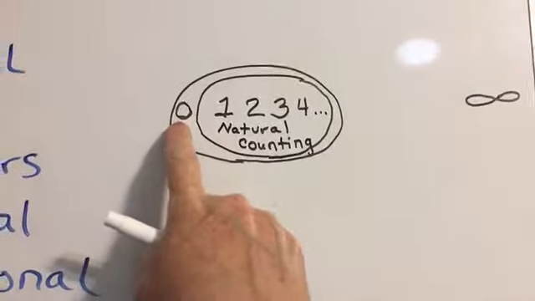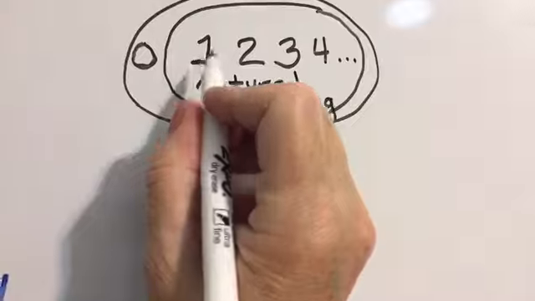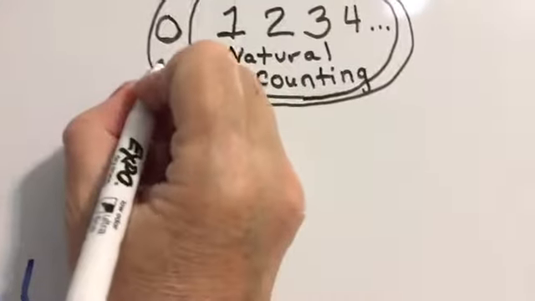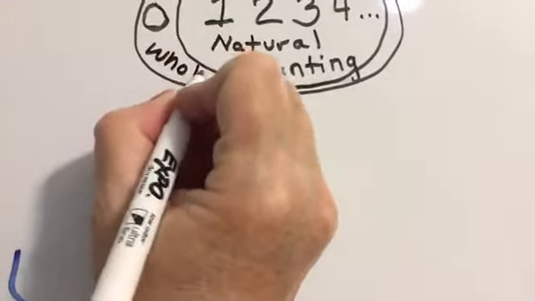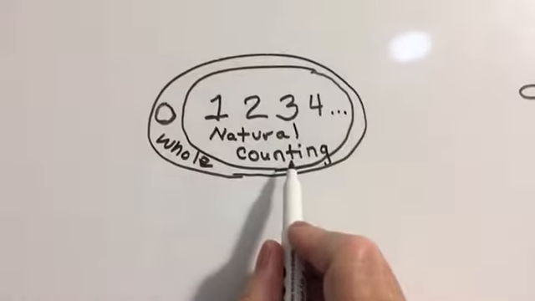And I don't know about you, but I don't have any elephants in my pocket. Do you have elephants in your pocket? We call these numbers that start with 0 and then go 1, 2, 3, 4 the whole numbers. So the whole numbers include 0 and all of the natural numbers.